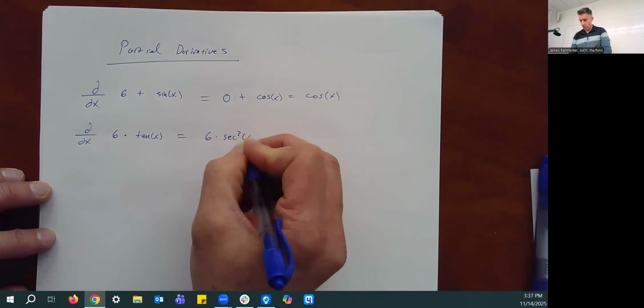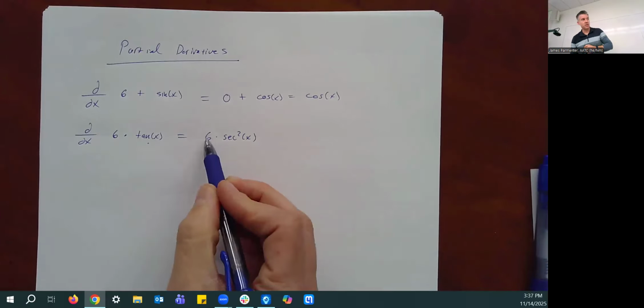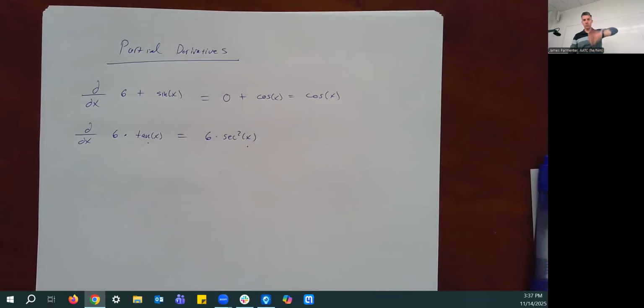Right. So what I'm broadly trying to point out here is that when you have a constant added to your stuff, its derivative is 0. Or constants by themselves, their derivative is 0. But when you have a constant multiple of your function, it sticks around, right? The derivative of a constant times your function is the constant times the derivative. Those are the important pieces we have to remember moving forward.